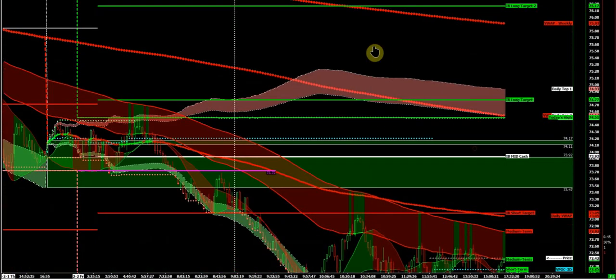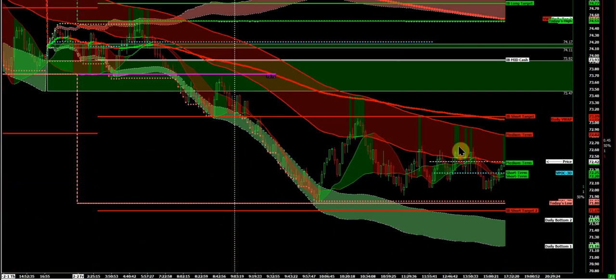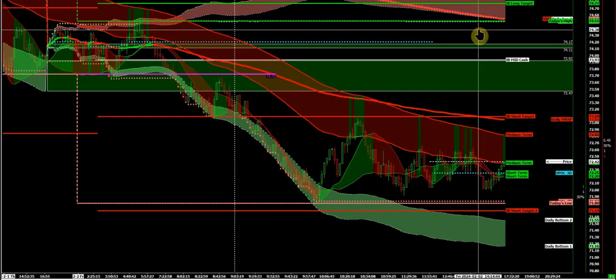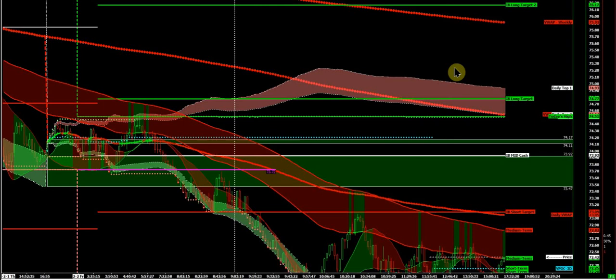That would be a nice chunk of change if you got in right down in this area for the long, and even if you're trading a micro, what's your risk? Even if you were risking, say, 25 ticks, that's $25 on the micros in order to make a couple of hundred on the micros per contract.